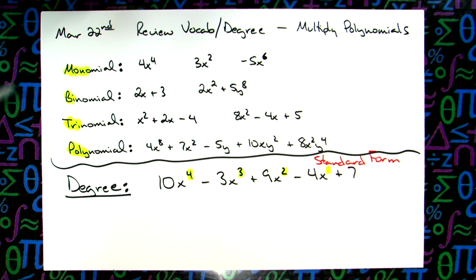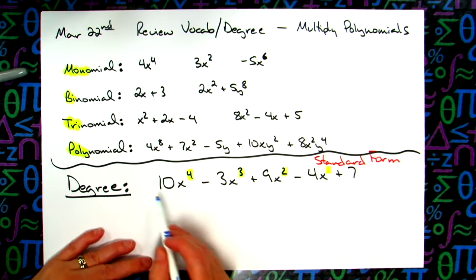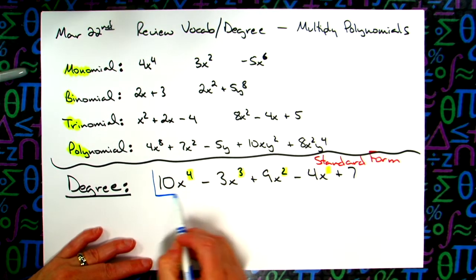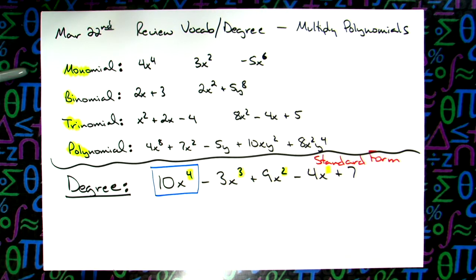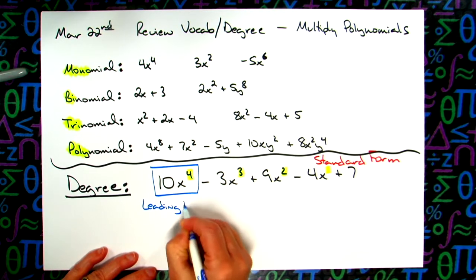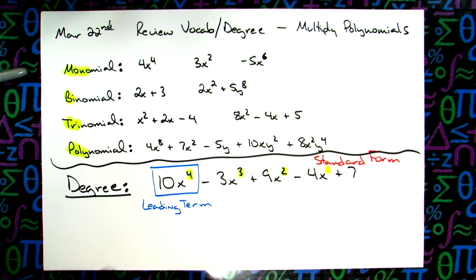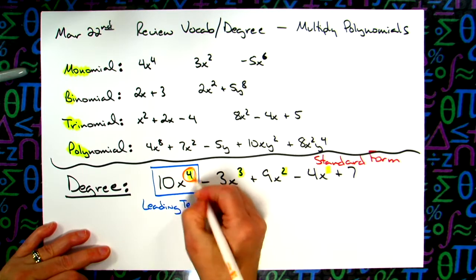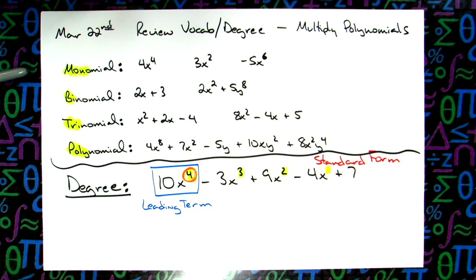Okay, now if I want the degree of this in standard form, all I have to do is look at that first term. When I look at that first term, it's called a leading term because I'm in standard form. All right, I can then look at the exponent, and that exponent tells me the degree.